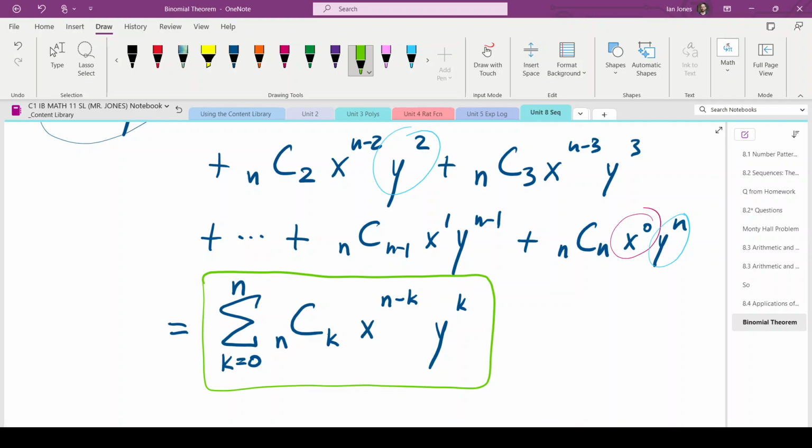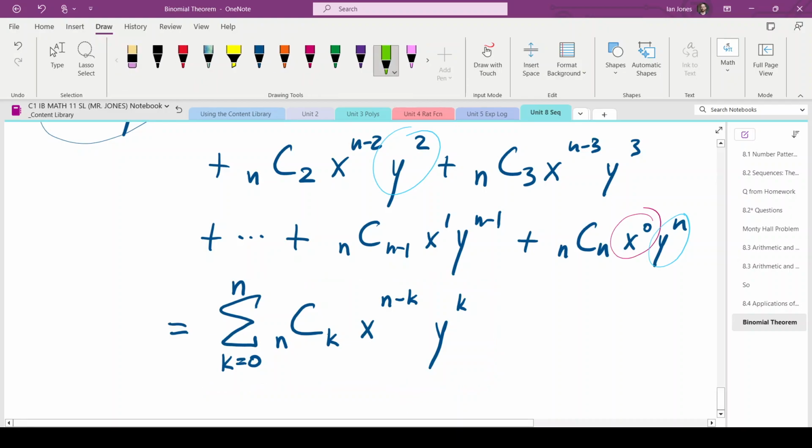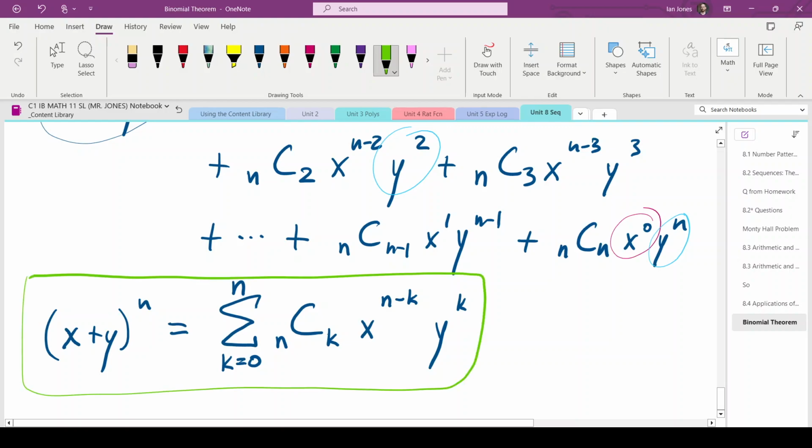Once you get on in university, this is considered the way that we would normally write the binomial expansion formula. A super, super important formula.